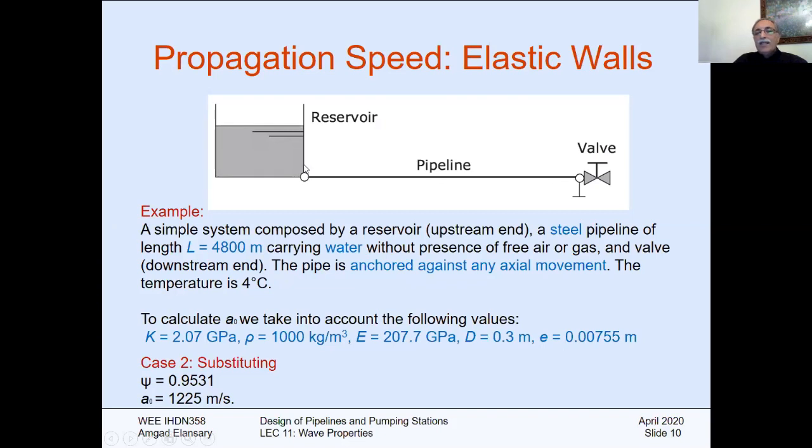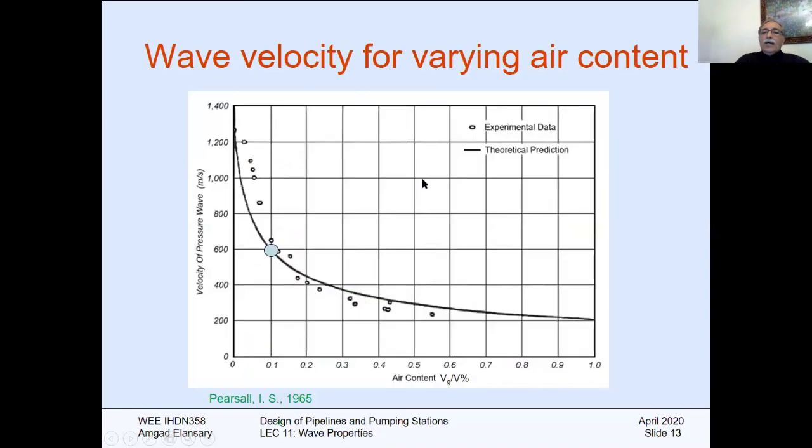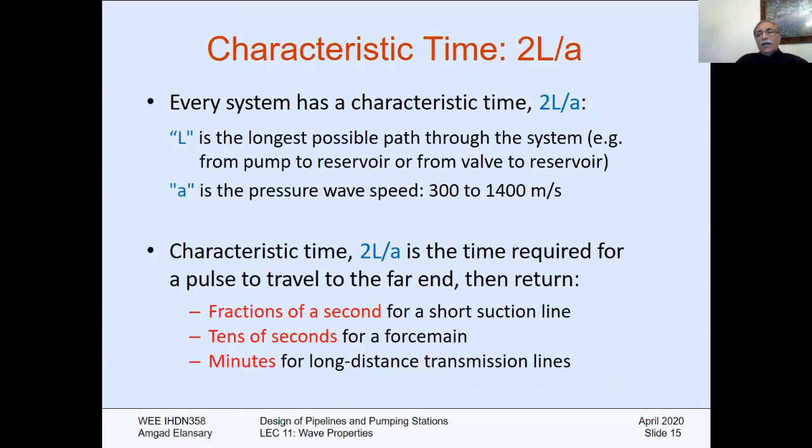So the characteristic time 2L over A means the time it takes for the wave to travel from the valve to the reservoir and back to the valve one more time. It's called 2L.